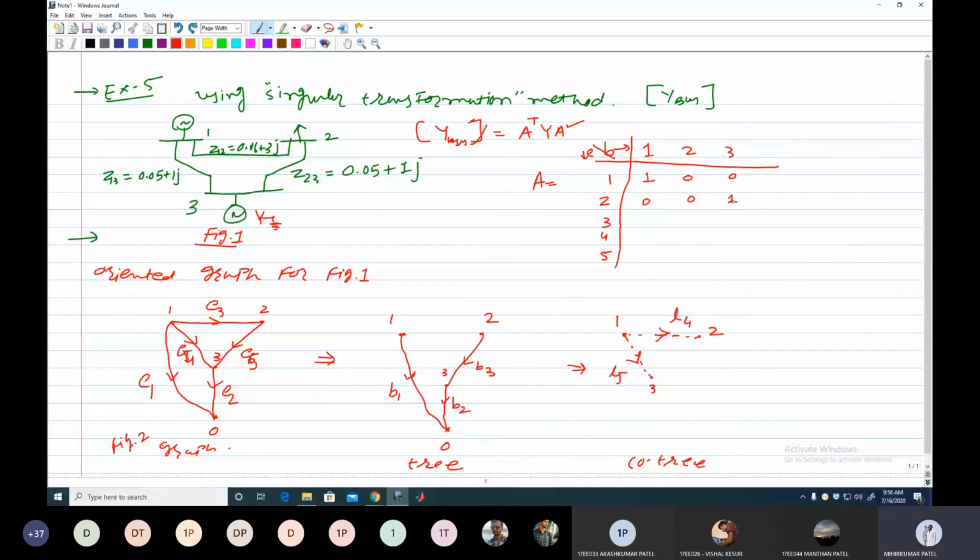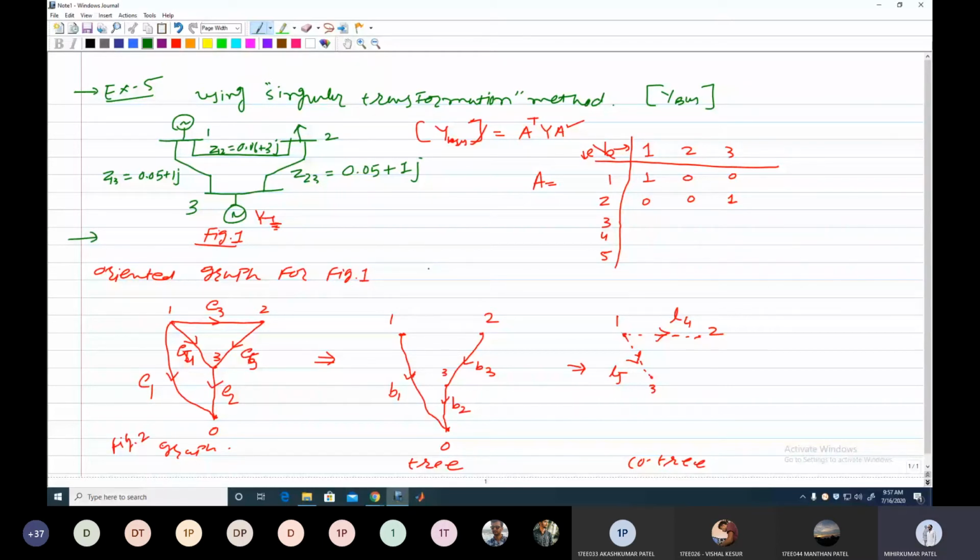Now look here. The third element is connected between bus number 2 and 3. What will be the value for this third element from this tree? Just write down the equation for VB3.